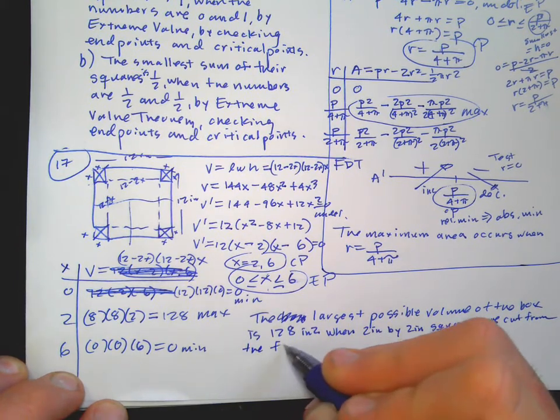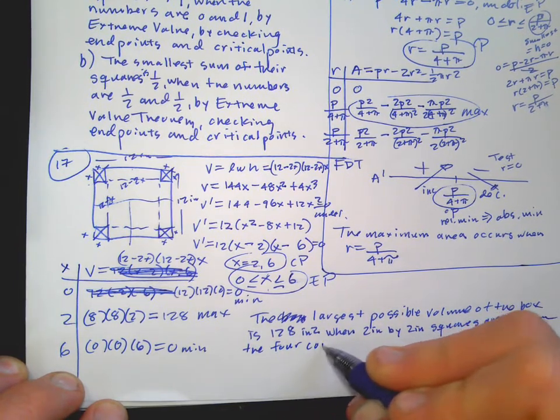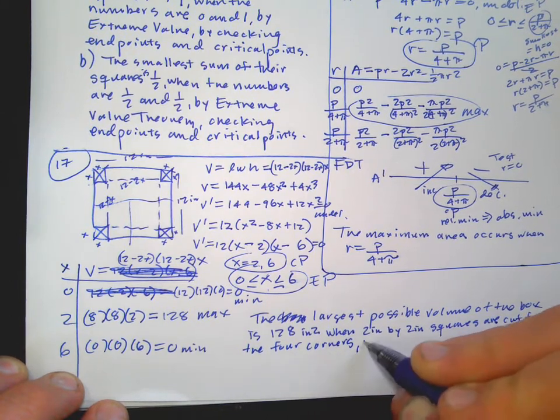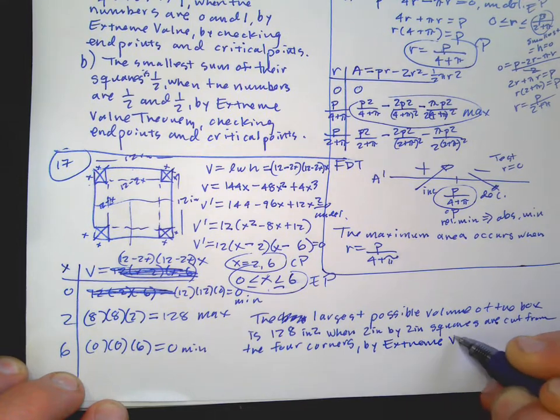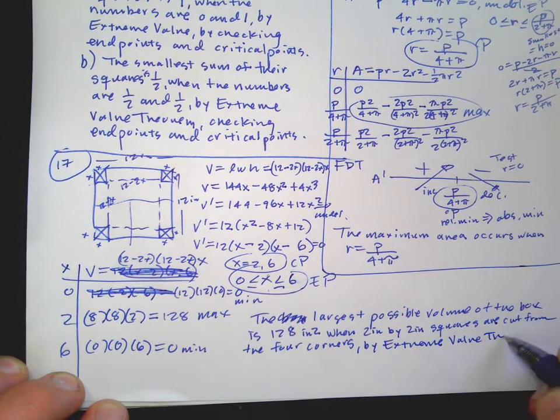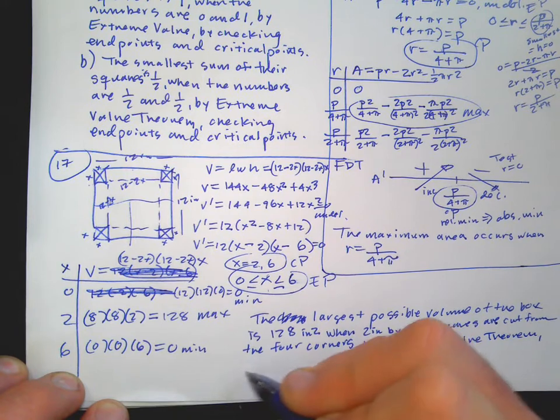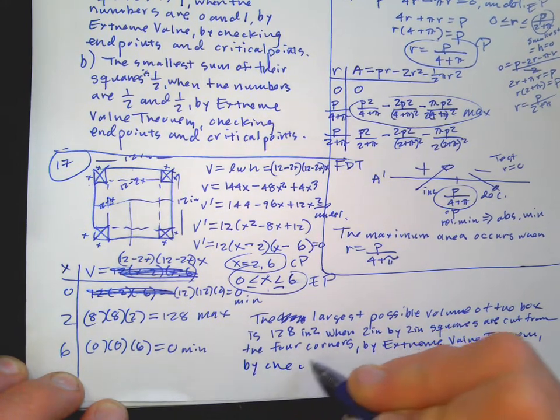I don't know, something like that. And then we're going to justify it. So we're going to say by extreme value theorem, by checking endpoints and critical points.